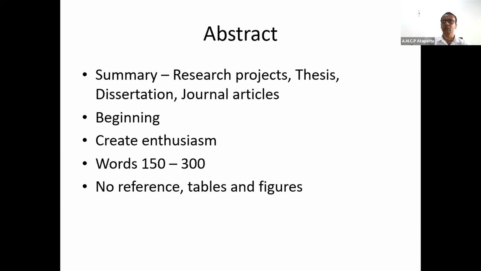When you are writing the summary, that is the abstract. We can consider this abstract as the advertisement of your total research. That's why this abstract is very important. When you are writing your abstract, write clearly.